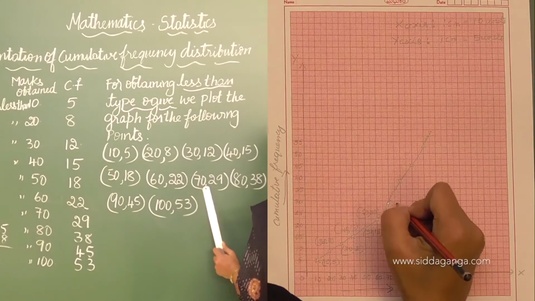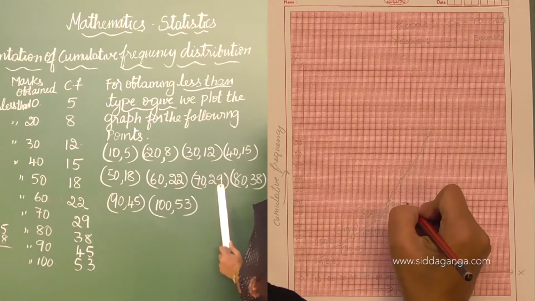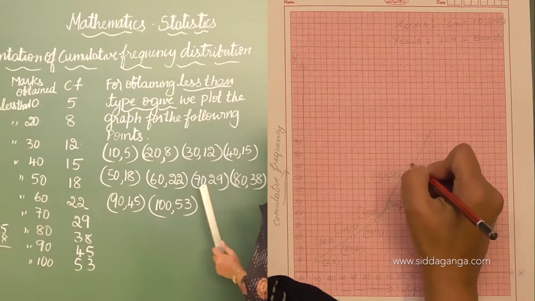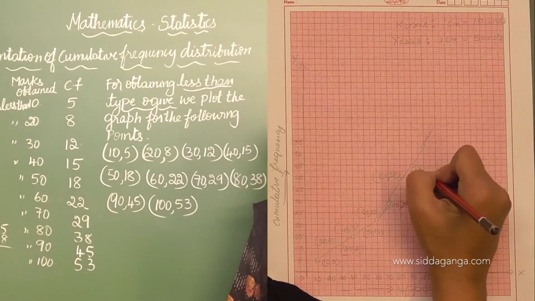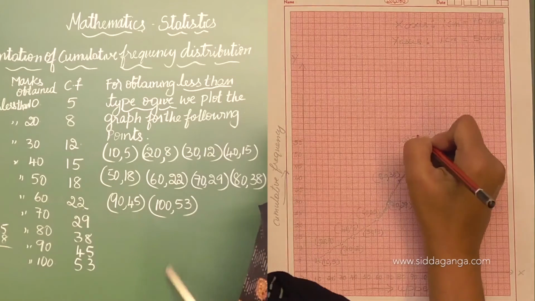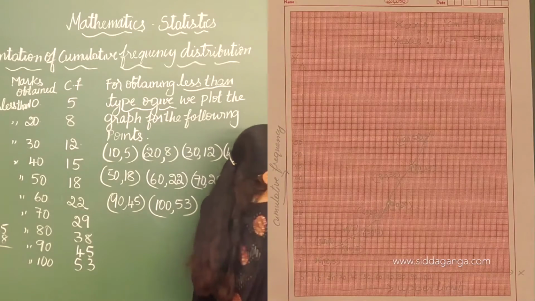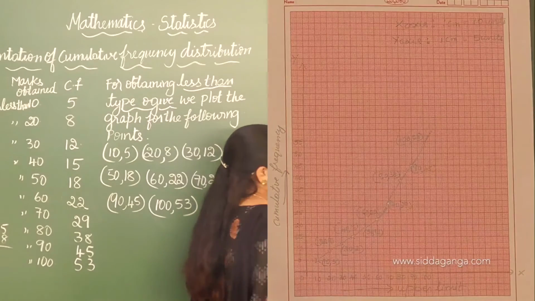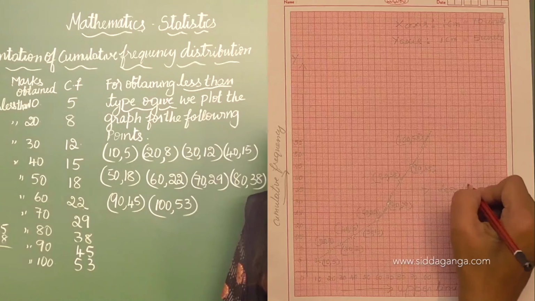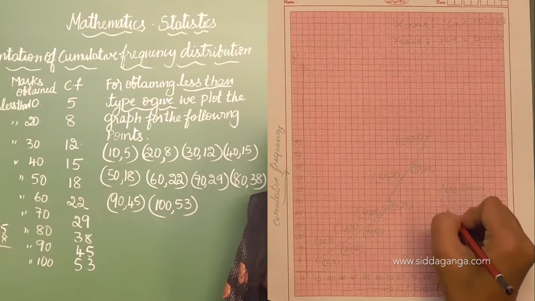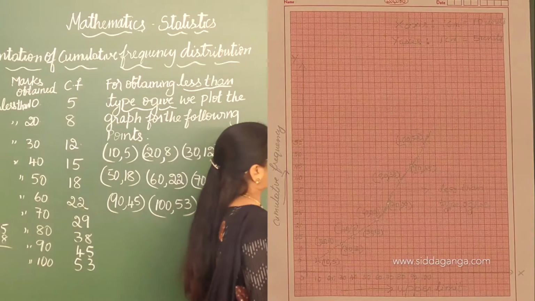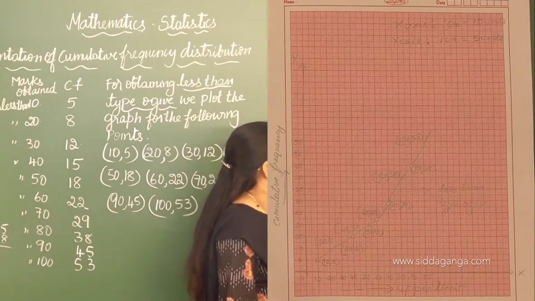This is 70, 29, and 80, 38, and this is 90, 45, and this is 100, 53. Okay, you can just show the points over here, and this is less than type OG. You need not write this, since I have taken an example problem, I have written less than type OG.